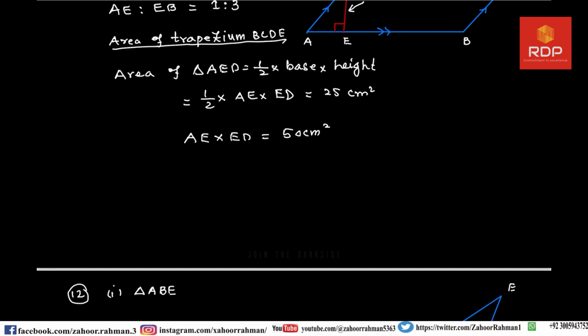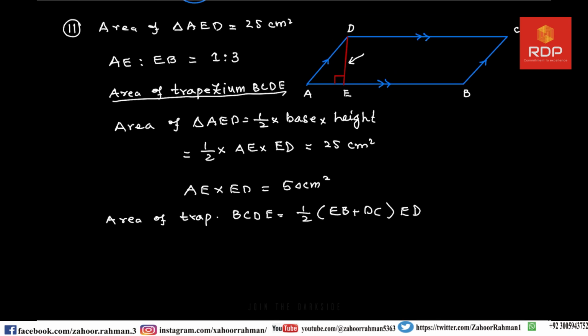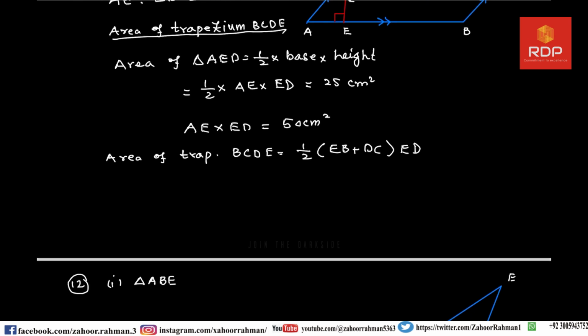Now we are finding the area of trapezium BCDE, and that is equal to 1/2 sum of the parallel sides, and the parallel sides are EB plus DC, and the height is ED, that is the red line. You can see that as well.